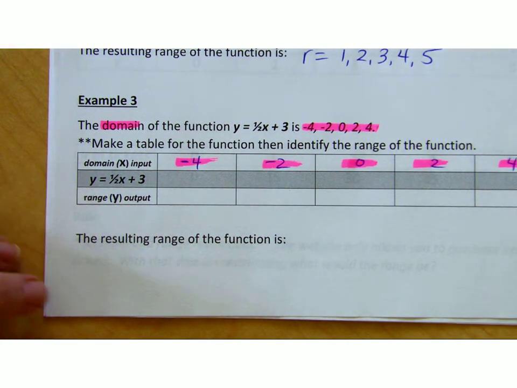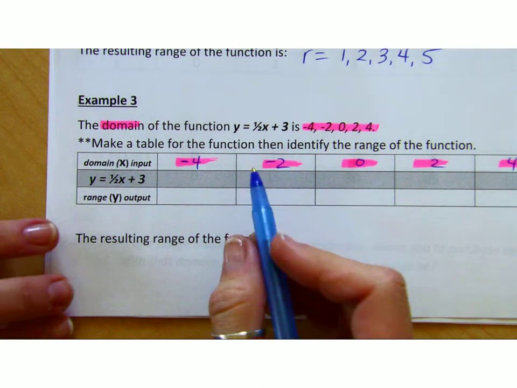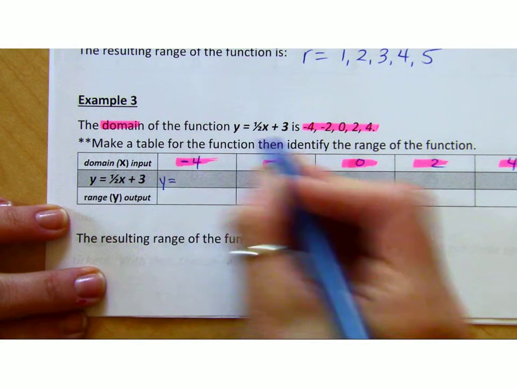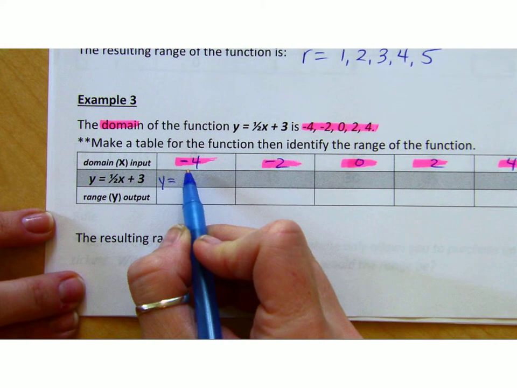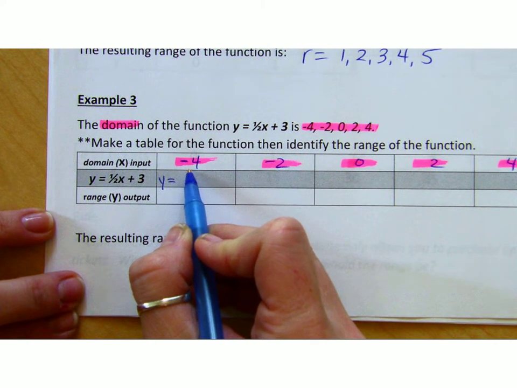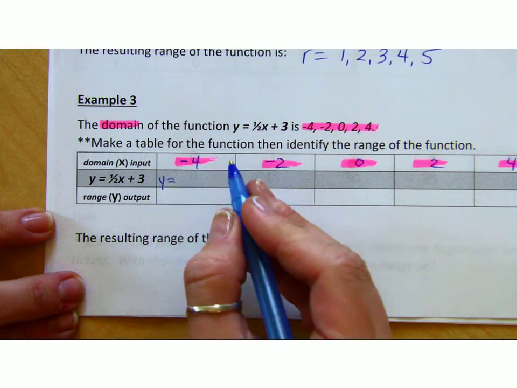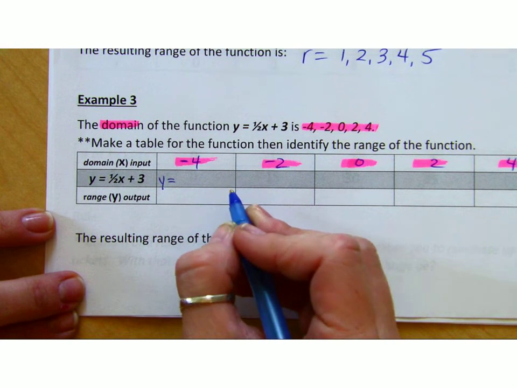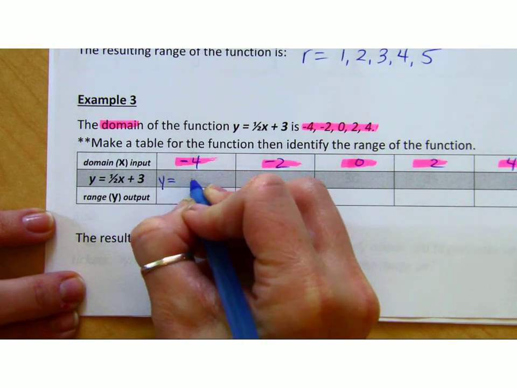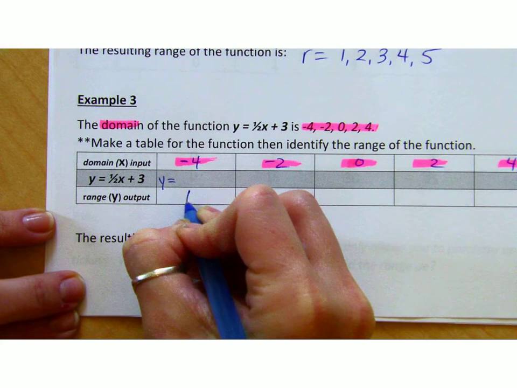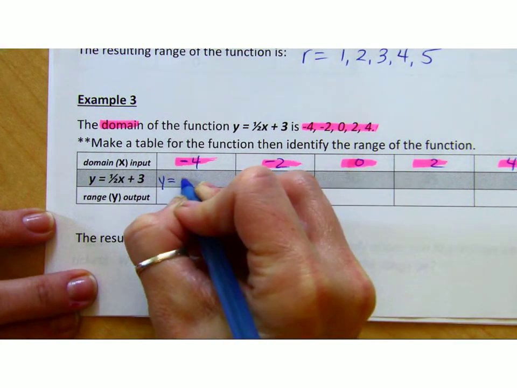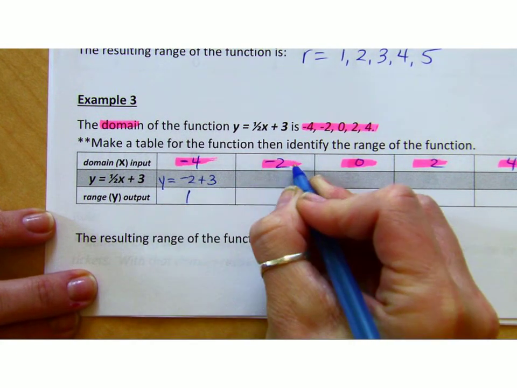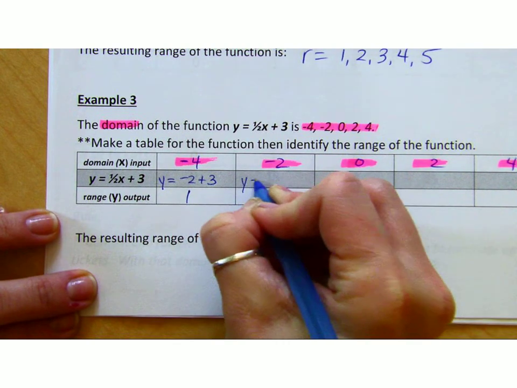And so now I'm going to take half of -4, which is -2, and then add 3 to it. So it's half of -4 plus 3, that's going to be what? +1. What's half of -2? -1. Add 3 to that.